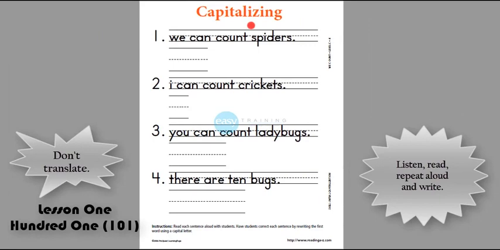This is activity 4, and this activity consists in capitalizing. Capitalizing is the same as writing capital letters. Let me write this. Here, capitalizing is the same as writing capital letters. Then this activity is about writing capital letters where necessary.